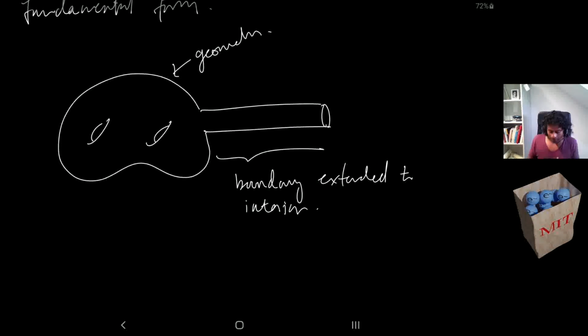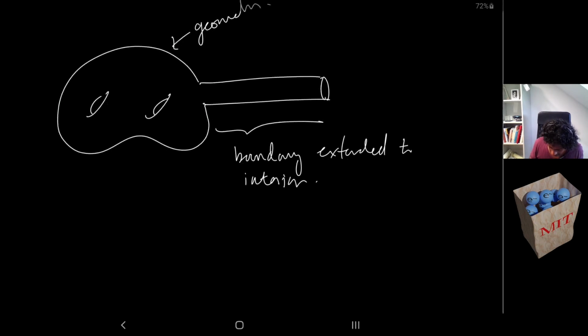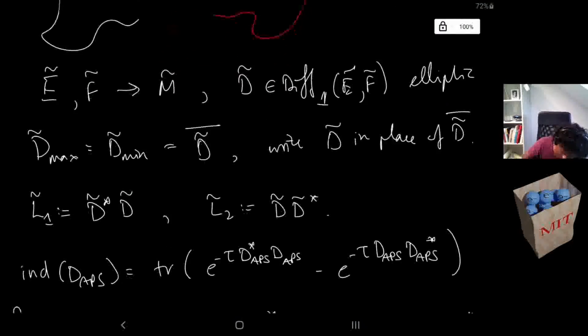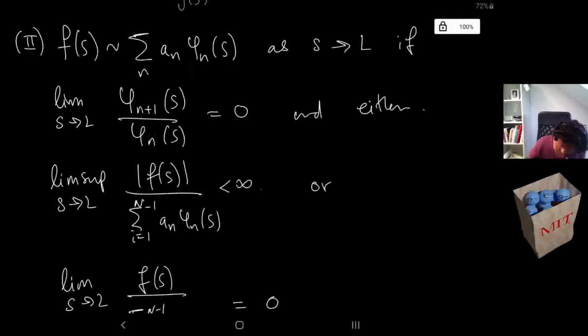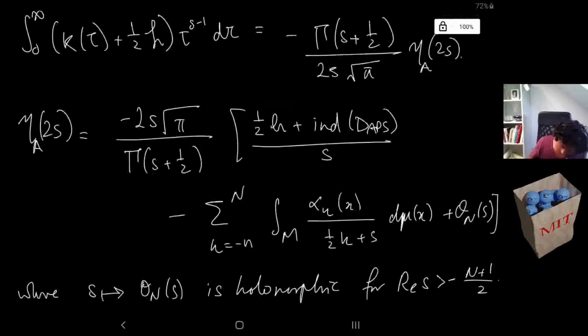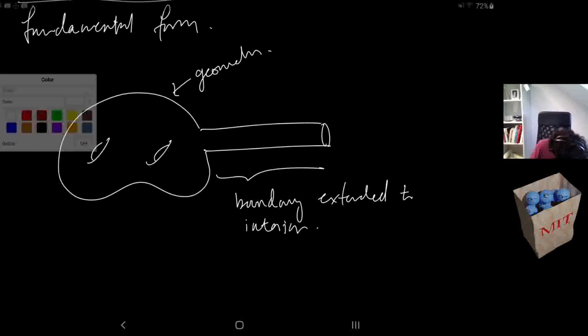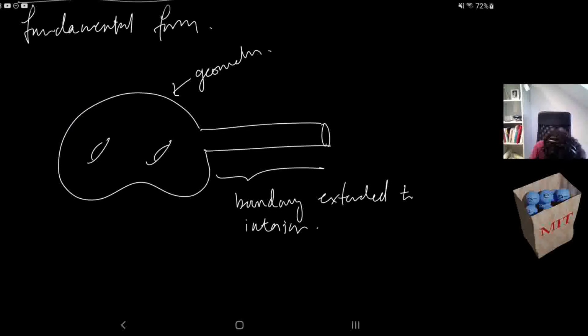So now we want to capture the index of an operator which has a certain boundary condition for which an index theorem works. The way that we do it is we localize into here. So we use the psi 1.